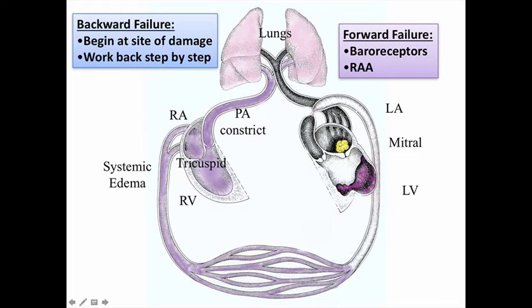So first you would want to talk about forward failure versus backward failure. What's happening with forward failure? Forward failure is a response to a decrease in cardiac output. And the effect of this is to essentially elicit those compensatory responses, which is to increase heart rate and increase contractility and increase blood pressure.